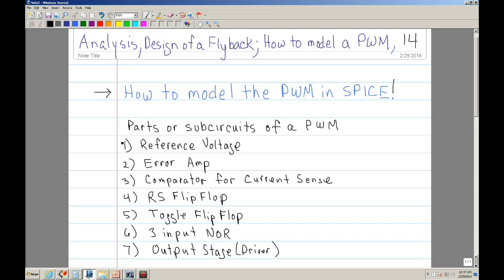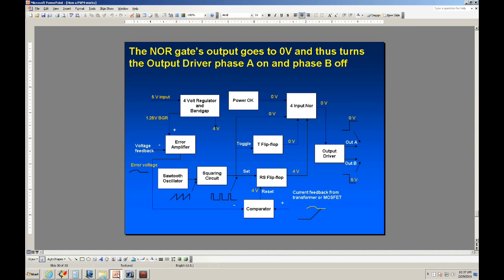So why am I doing a model? Well, if you recall, or if you watched video number 13, I explained how a PWM worked. I discussed the various subcircuits: the error amp, the sawtooth or the oscillator, the flip-flops, RS, T flip-flops, and so forth.